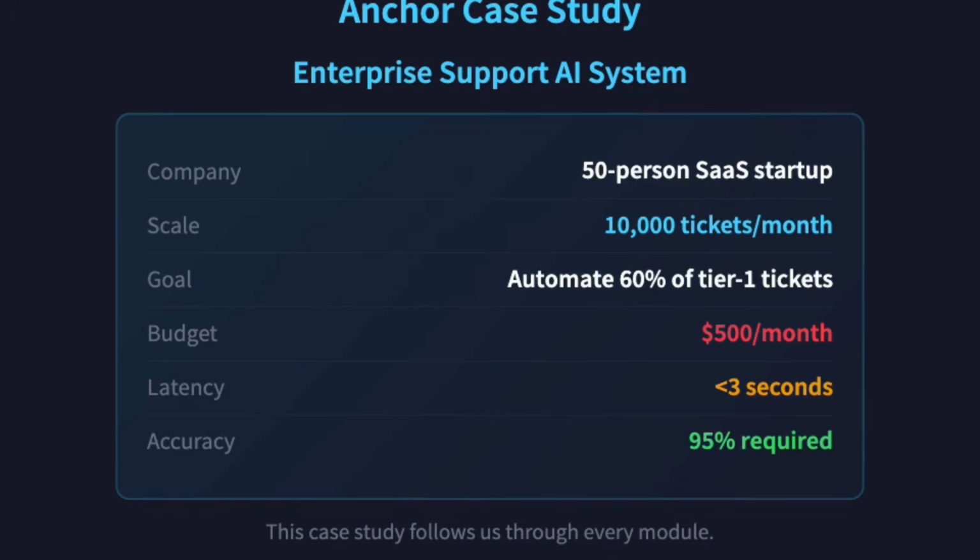Now the leadership comes to you and says, we need an AI to handle the tier one stuff. The simple questions: password reset, how do I do this? And I want you to automate 60% of them. Before I give you the constraints, notice something about the request. They are saying automate 60% of tier one requests. It sounds simple. It sounds like a clear goal, doesn't it?